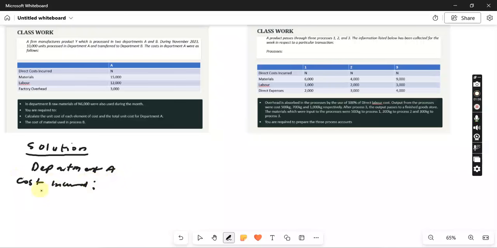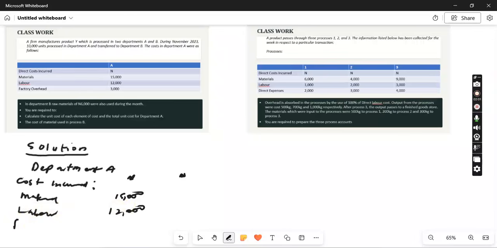Cost incurred. So we have material. Let's put the naira sign here. Material we have 15,000. We have labor. Labor is 12,000.